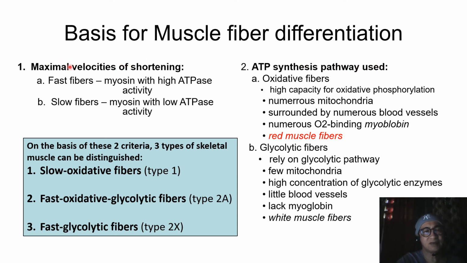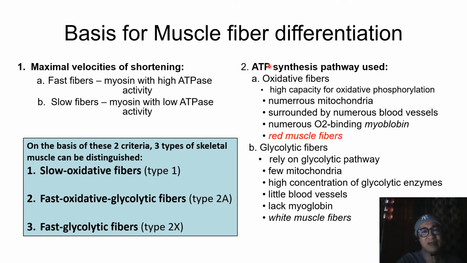In the category of maximal velocity of shortening, muscles can be classified as either fast fibers or slow fibers. Fast fibers have high myosin ATPase activity at their myosin heads, and slow fibers have low ATPase activity at their myosin heads.